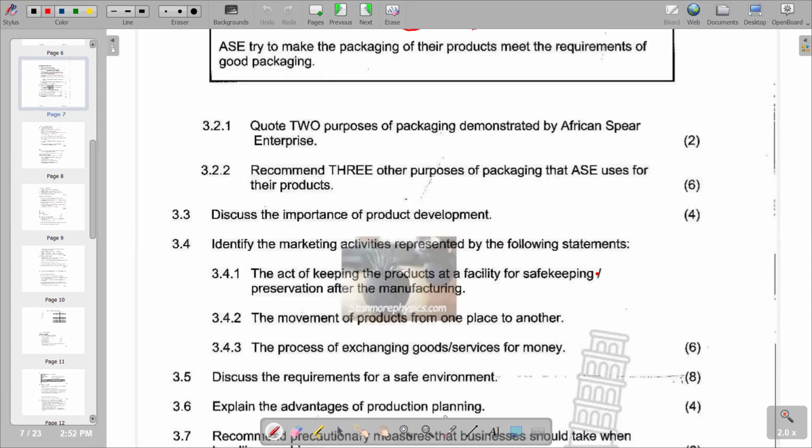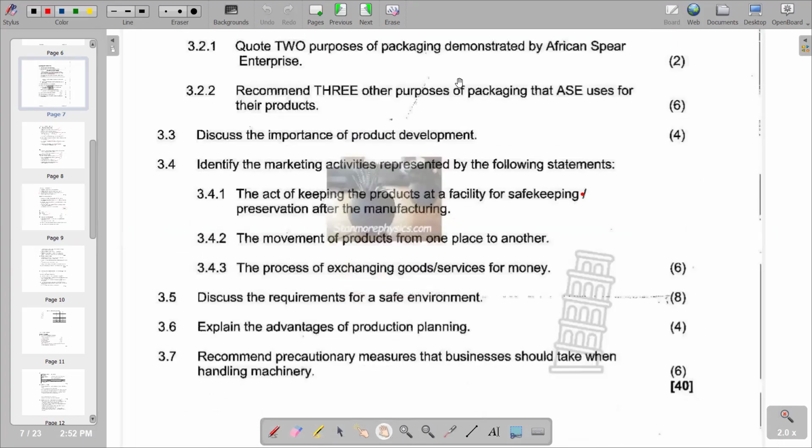So the next question that we have is explain the advantages of production planning. Production planning maps out the processes that are needed to produce our products.